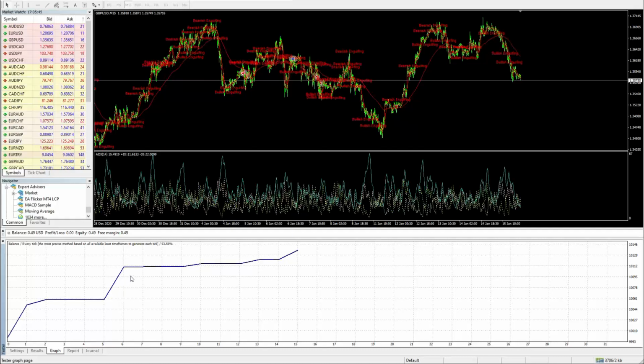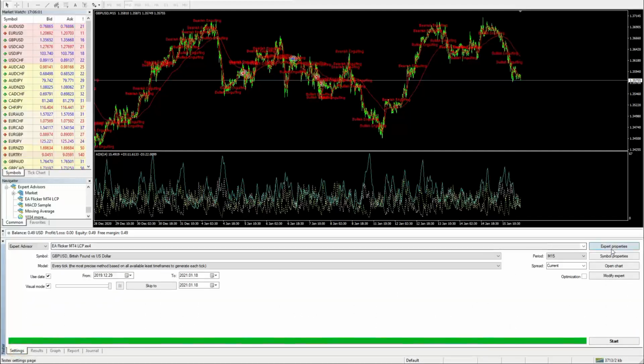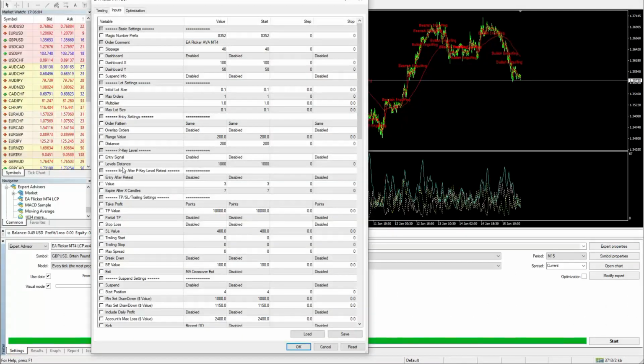Okay, even though the profit may be small, it's still going up. And then sometimes you will get regions or market conditions whereby it is in your favor and it just goes all the way up, that kind of thing. Okay, so yeah, enable this.